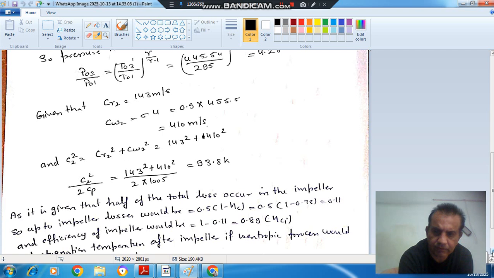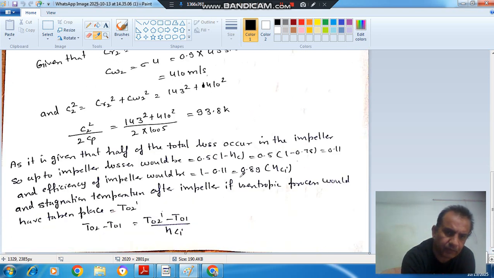Okay. So now the stagnation temperature rise in the impeller is T02 minus T01. Okay, and this T02 will be equal to T03 because there is no stagnation temperature change in the diffuser. Okay, so in the impeller part, if we take isentropic compression, then the stagnation temperature rise is T02 dash minus T01.